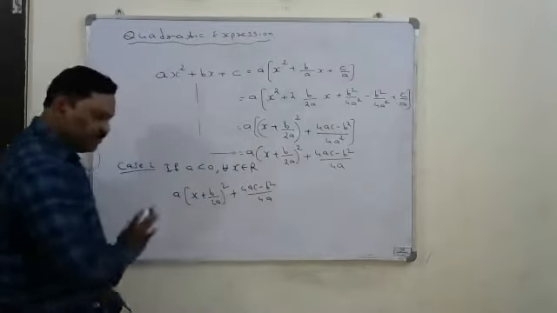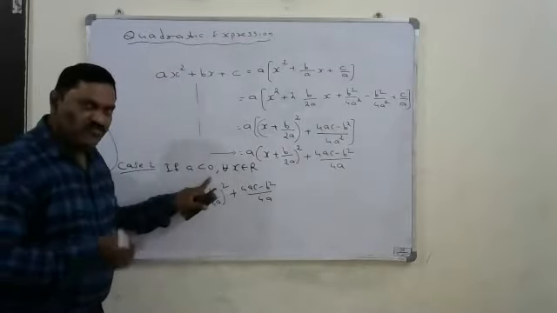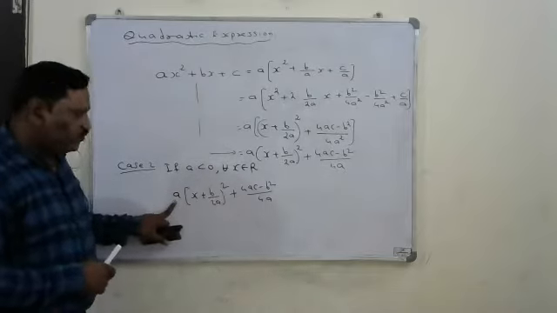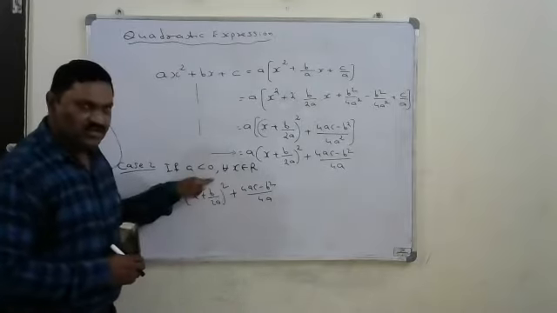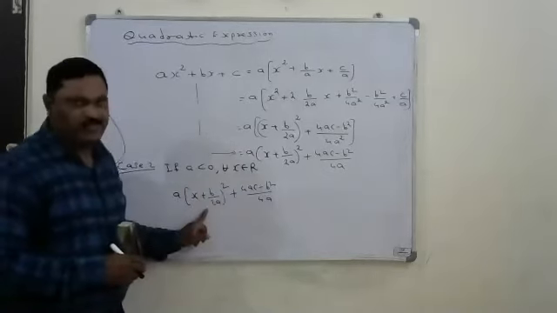Just observe that when a is negative, this term is negative. For any value of x, since it is a perfect square, it never gives a negative. This is always 0 or positive, right?